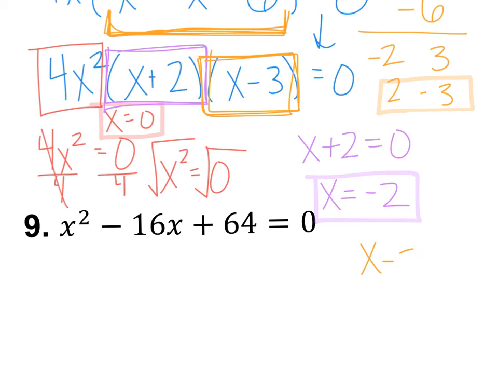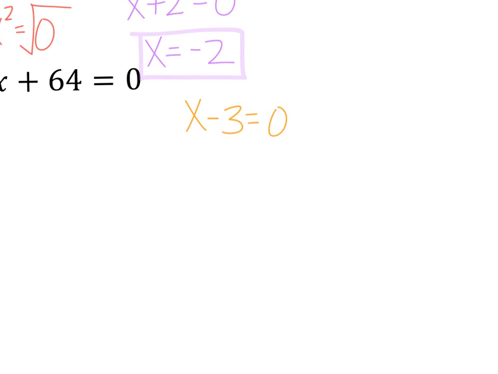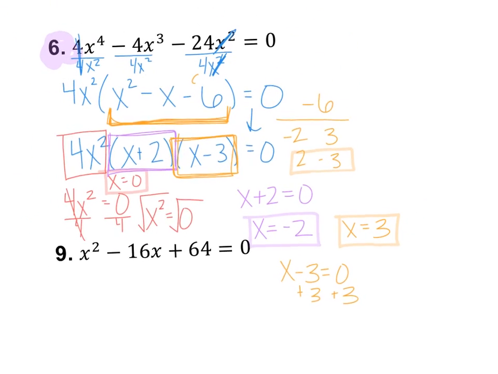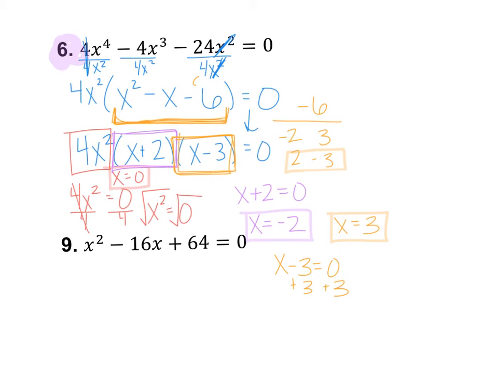So I have x minus 3 equal to 0. If I add 3 on both sides, I get x equals 3. So my solutions for that one are x equals 0, x equals negative 2, and x equals 3. Okay?